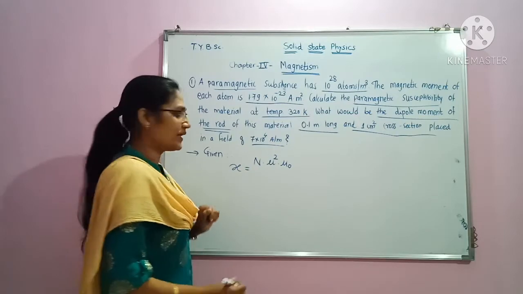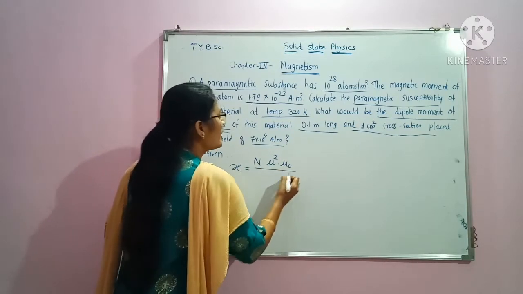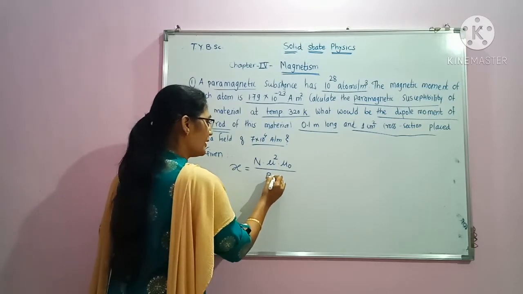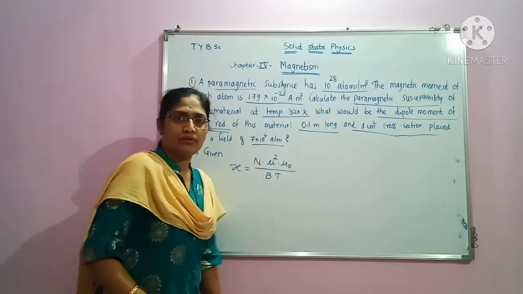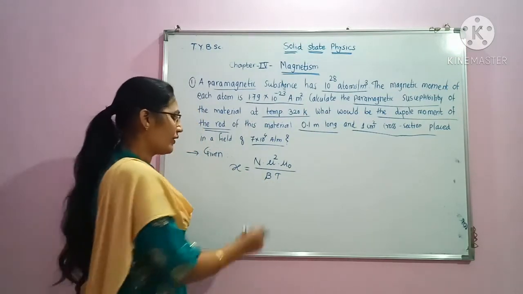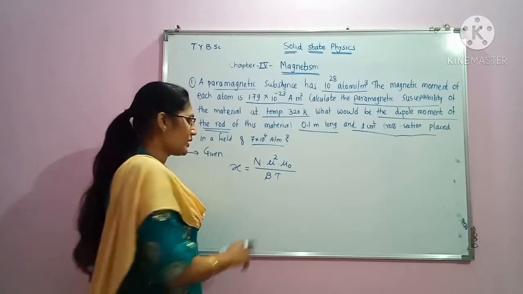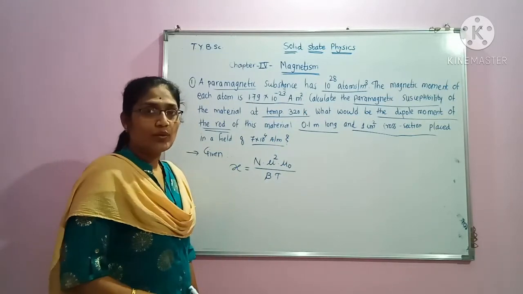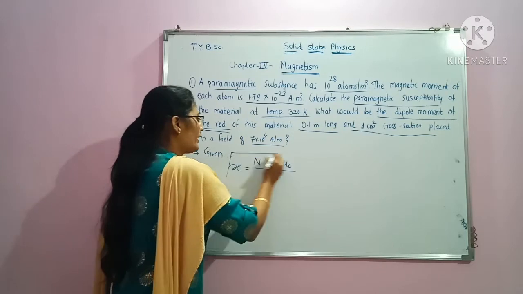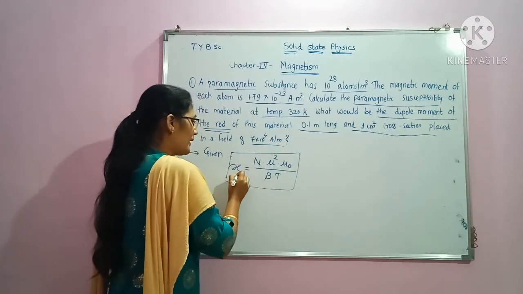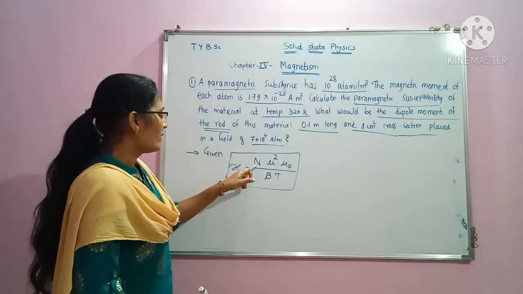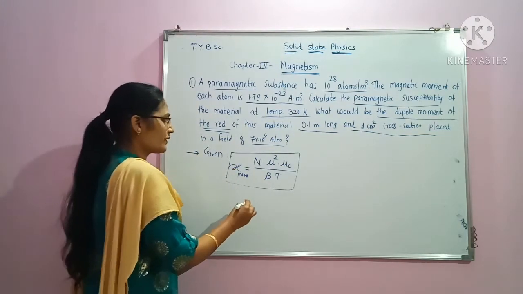Permeability of free space, which is a constant, divided by Boltzmann constant into T, where T is the absolute temperature and B is nothing but the Boltzmann constant. So by using this formula, one can calculate the paramagnetic susceptibility of the material. So write down the given things first.